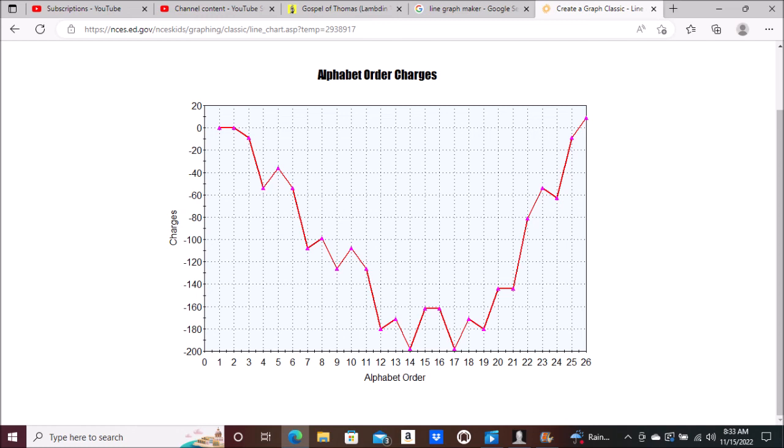But this is the pattern. This is the accurate representation of the charges, and I was not very happy with the results of it, but it's good enough to basically get the gist of everything out there this morning.